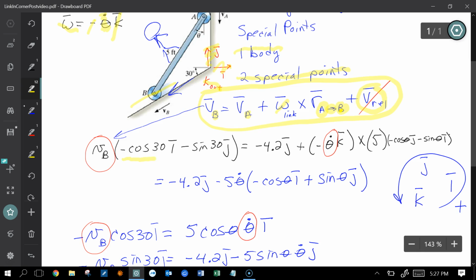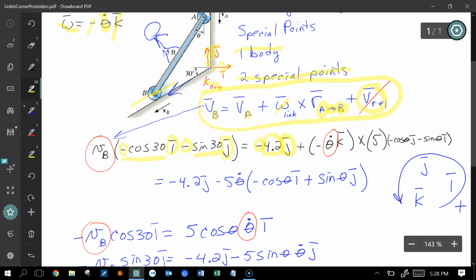So it's going a distance of cosine 30, and it's left. That's a negative I. And a distance of sine 30, and it's down, negative J. Okay, and then for the velocity of A, the magnitude is 4.2, and it's going down, negative J.